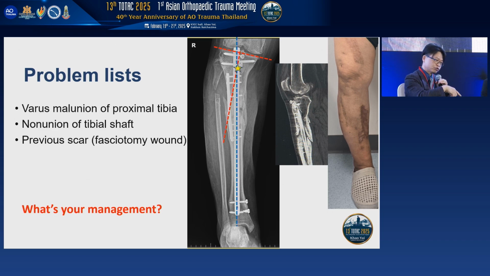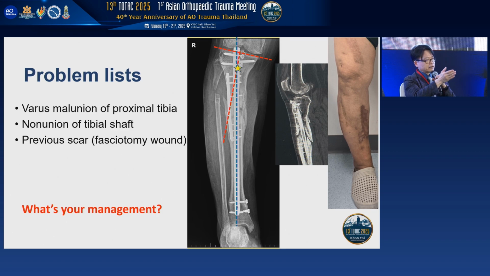So I look back at the history to see why the non-union treatment failed the first time. Maybe the first surgeon didn't put in autogenous bone graft, or maybe there is some potential infection inside. So I still keep doubts on the reason of the non-union. Soft tissue to me is relatively okay, not so bad.